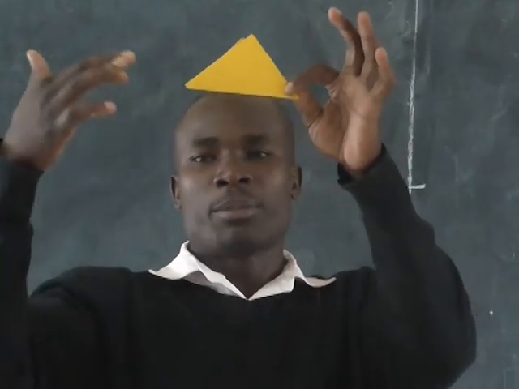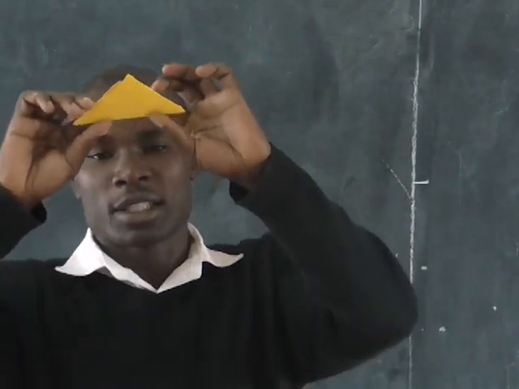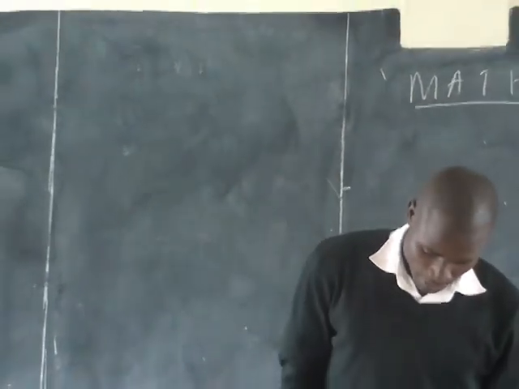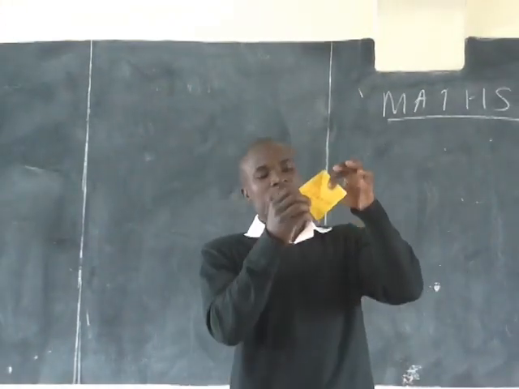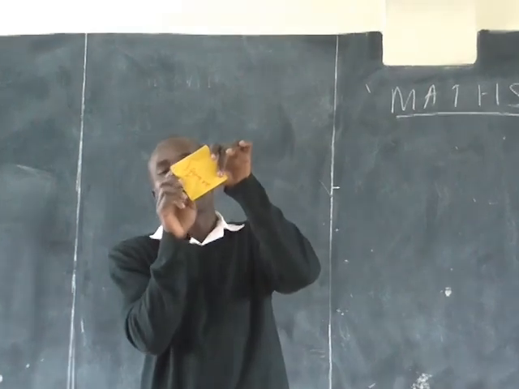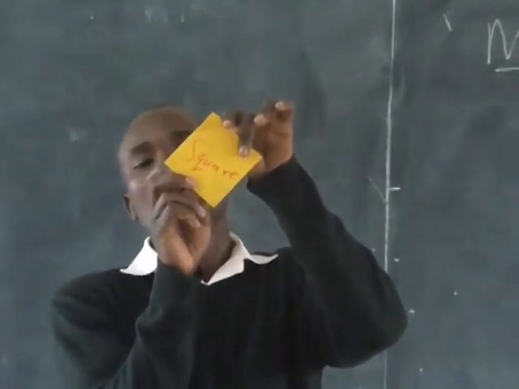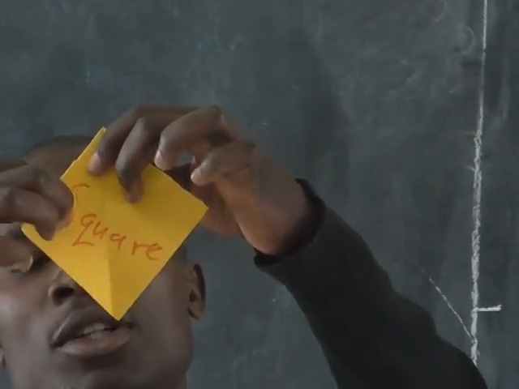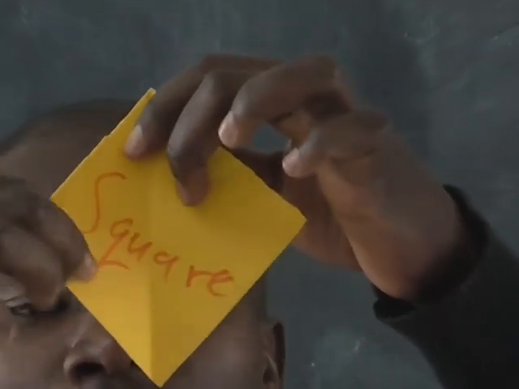How do you call this? This shape is known as a triangle. Very good. It is known as a triangle. If I open it, I still have a triangle. I'll have two sides of shapes of a triangle.